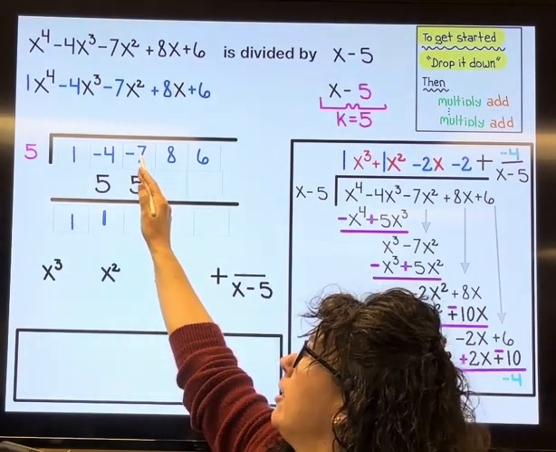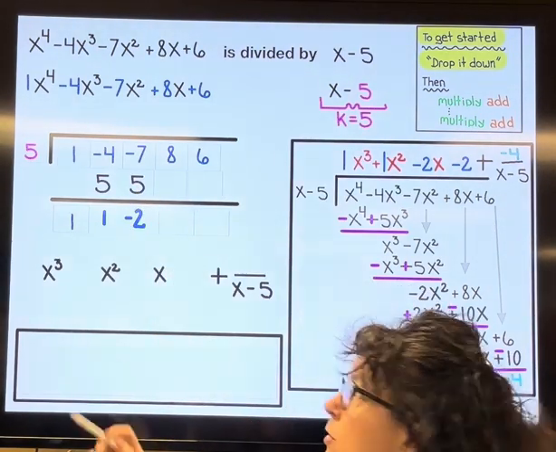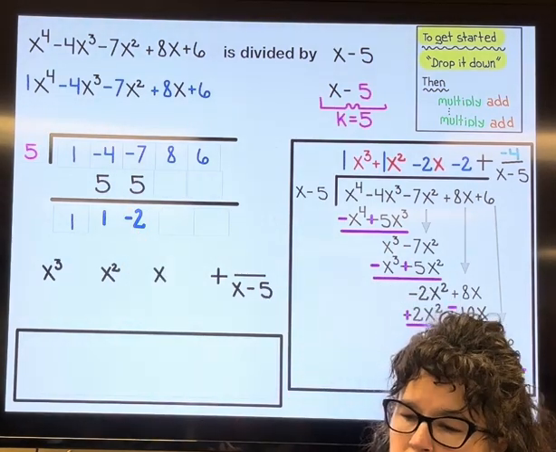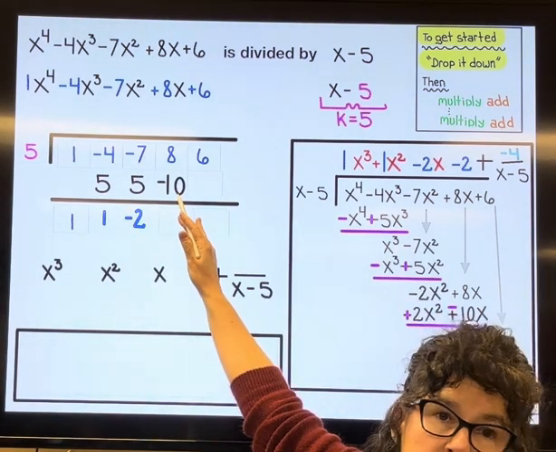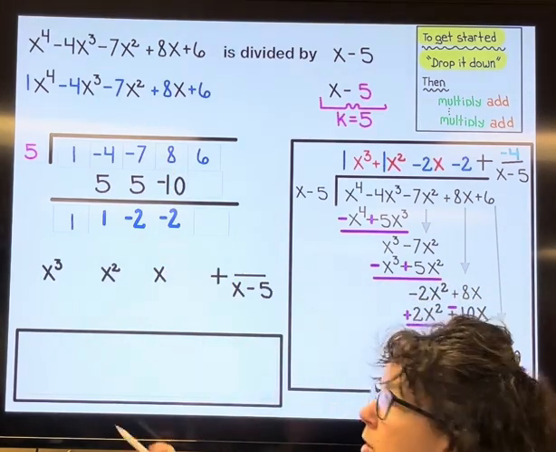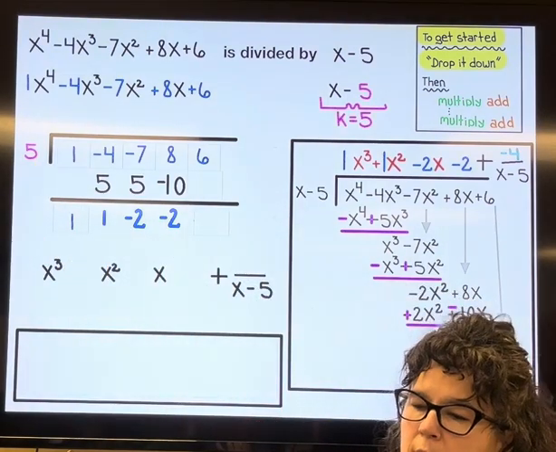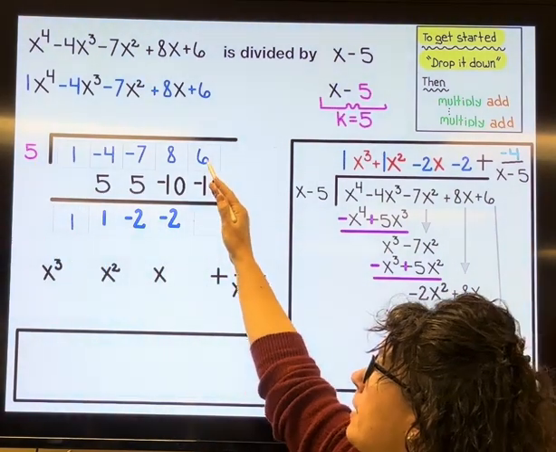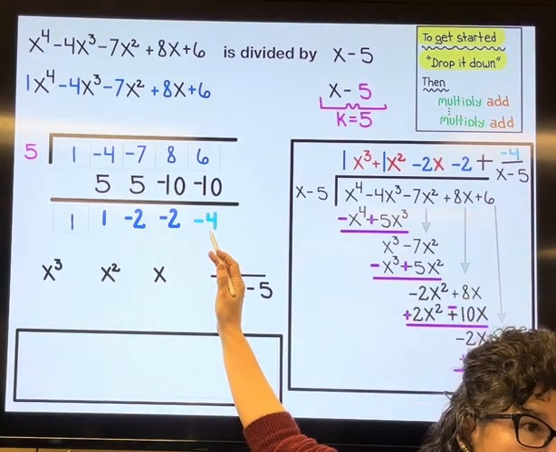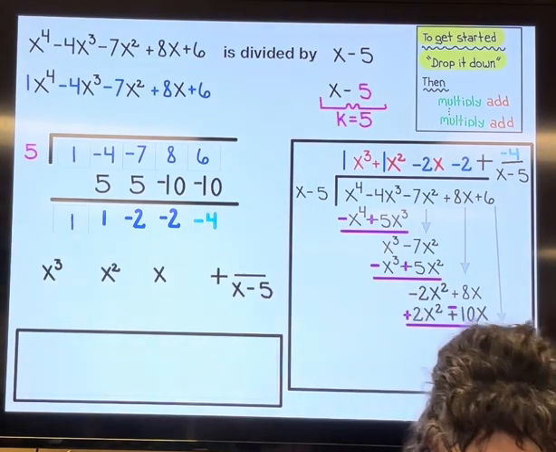Add it together. Negative 7 and 5 make negative 2. 5 multiplied by negative 2 is negative 10. Add, and I get negative 2. Multiply. 5 times negative 2 is negative 10. Add, and I get negative 4. The very last number is always going to be your remainder.